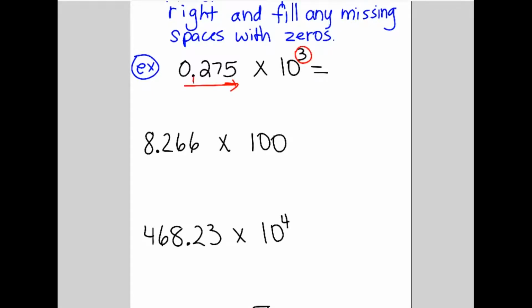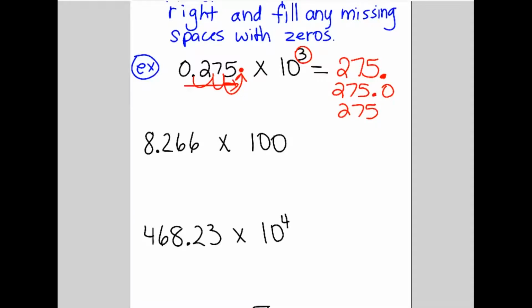So let's move it 1, 2, 3 times. So now the decimal point goes here. So I have 2, 7, 5, decimal point, or you can say 2, 7, 5, decimal point 0, or you can say 275 without any decimal points. Those are all the correct answer.